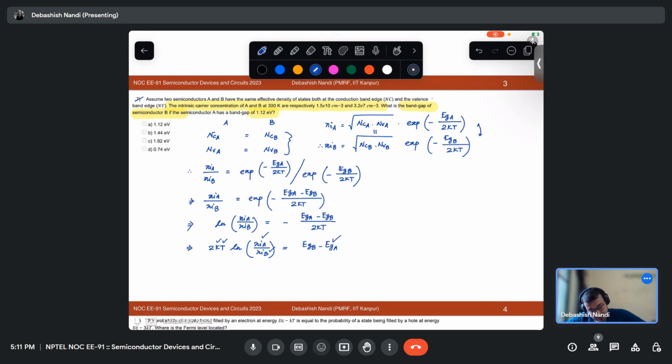So your EGB would be nothing but EGA plus 2KT multiplied by natural log of NIA over NIB. So what will it be? 1.12 plus 2 into, what is KT? KT is 0.026, right?